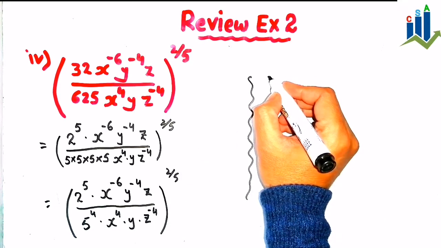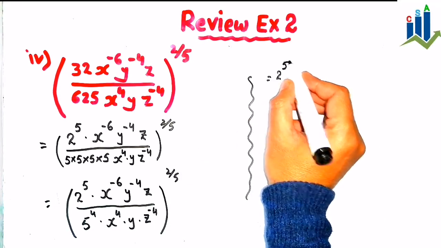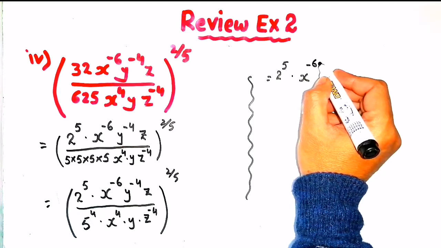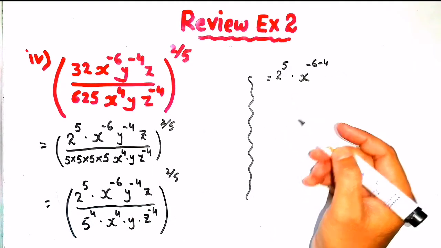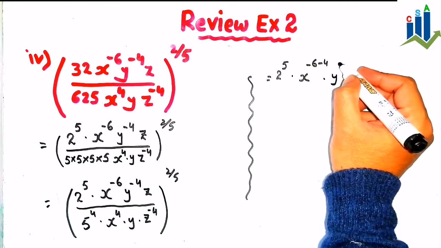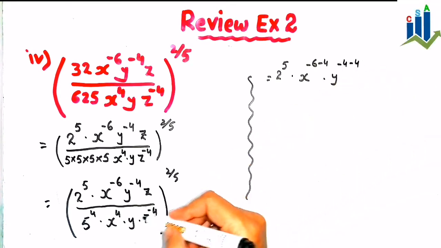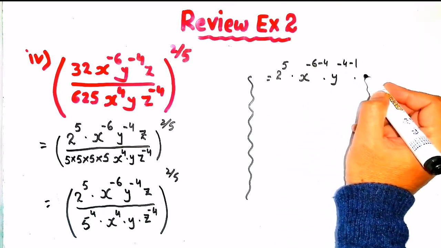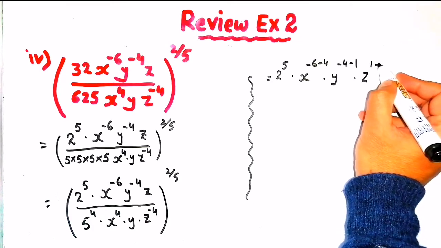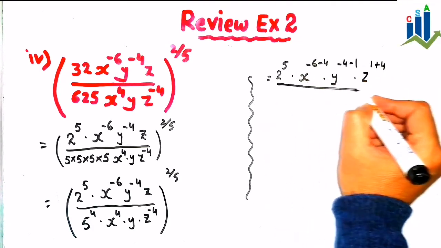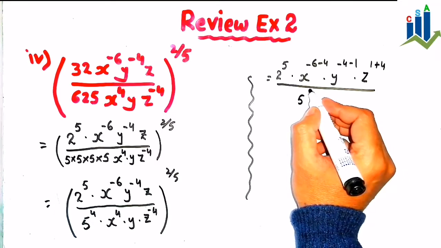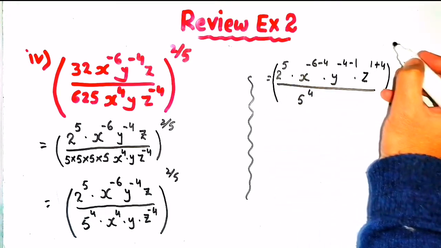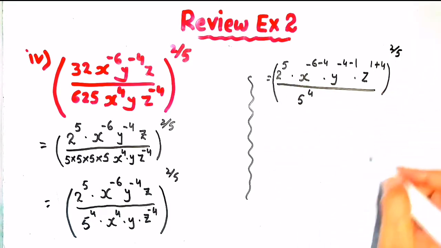It will become 2 raised to power 5, x will become minus 6 minus 4, y will become minus 4 minus 4, and z will become 1 plus 4, 5 raised to power 4, and whole power will be 2 by 5.